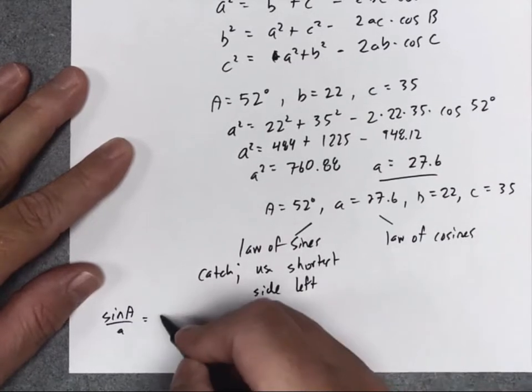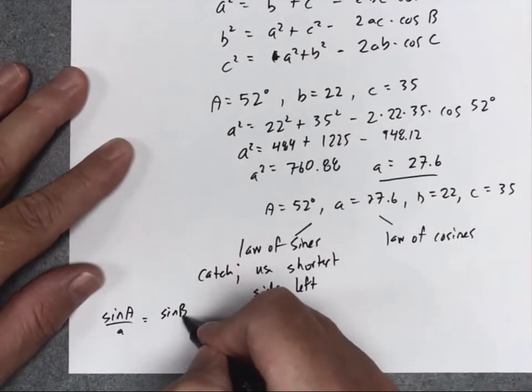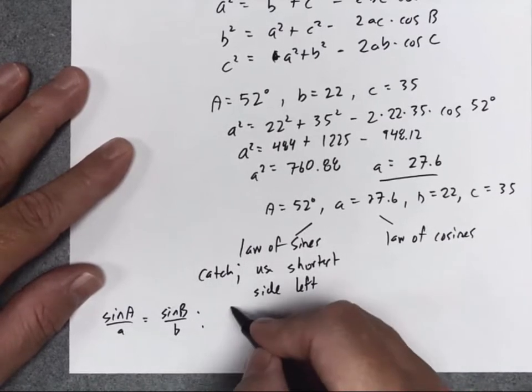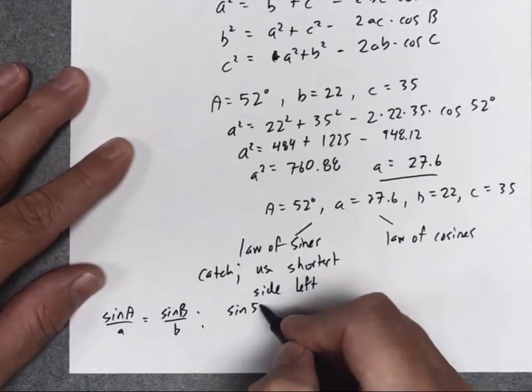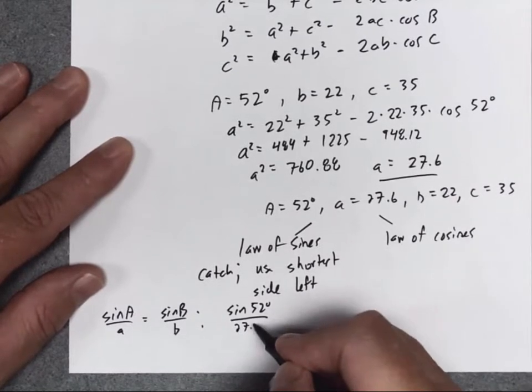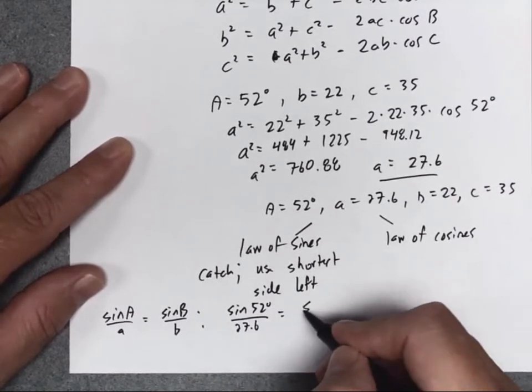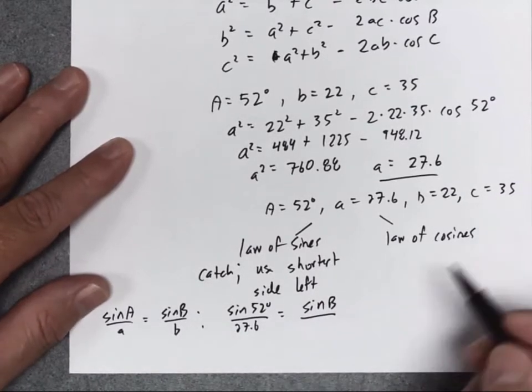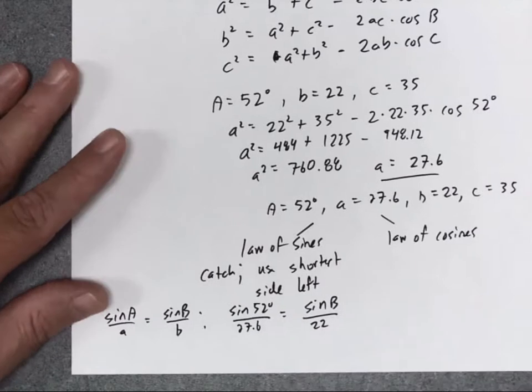Since B is the shorter side, I fill in everything I know. Sine of 52 degrees over A, 27.6, equals the sine of B, which I'm trying to figure out, over little b, or side B, 22.